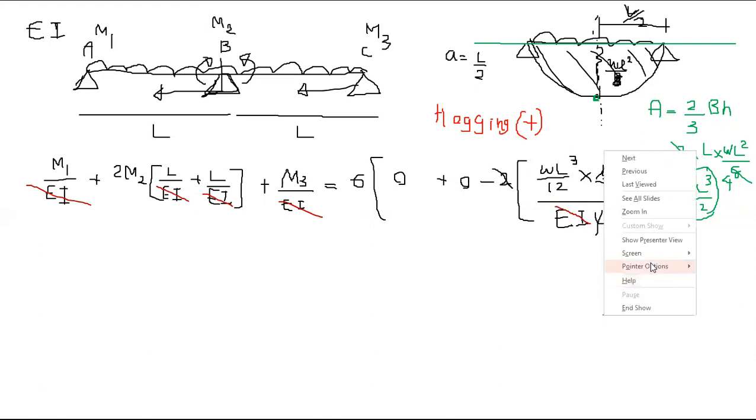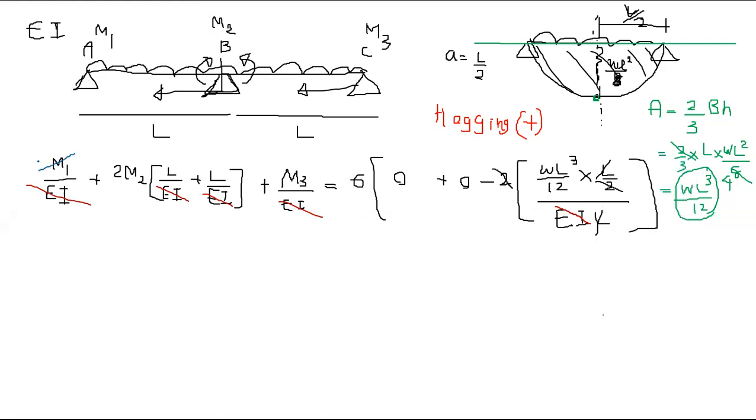If EI is equal, you can cancel it easily, otherwise you can't. We know that M1 and M3 are 0, since these are pin supported ends, so the bending moments are 0.